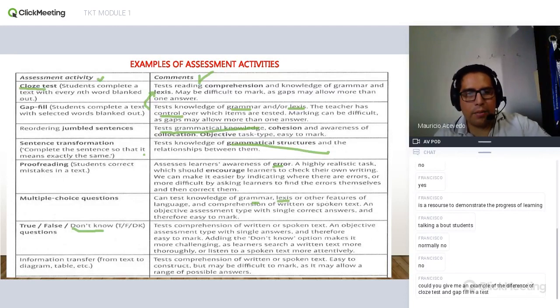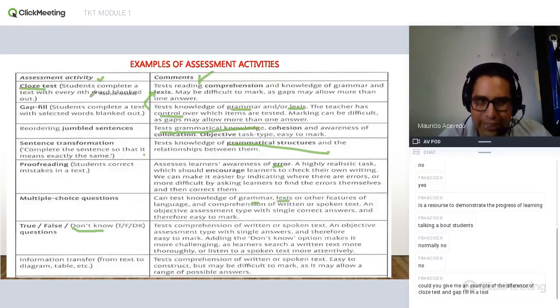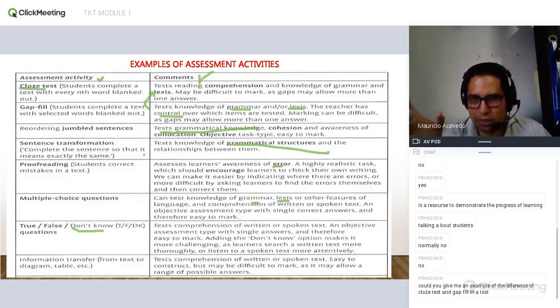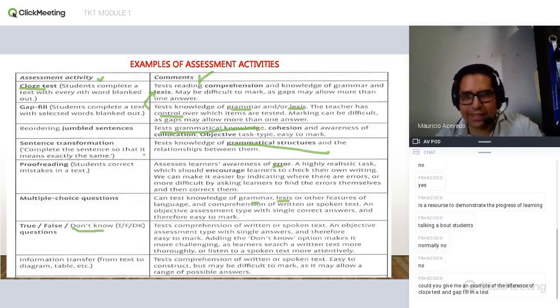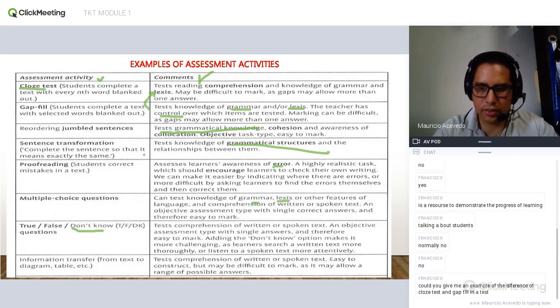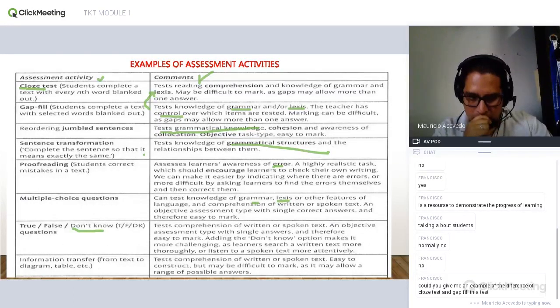Okay. Let me see if I have an image. Okay, but it's basically this: a closed test. You have a text and you have gaps. Okay, let's have an example. Maybe I can type it on here.